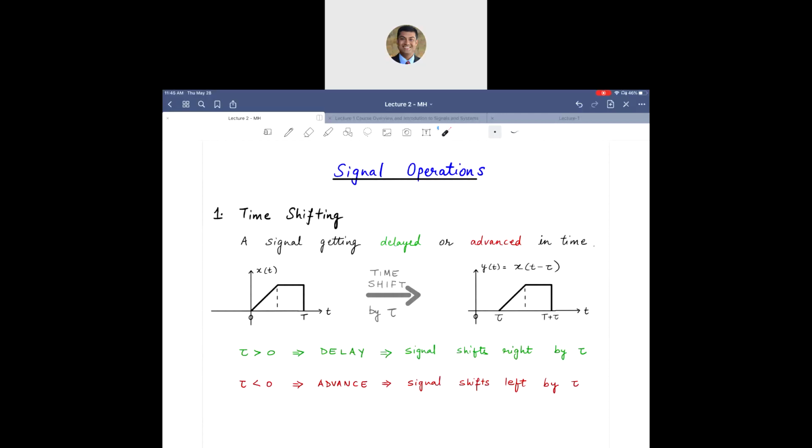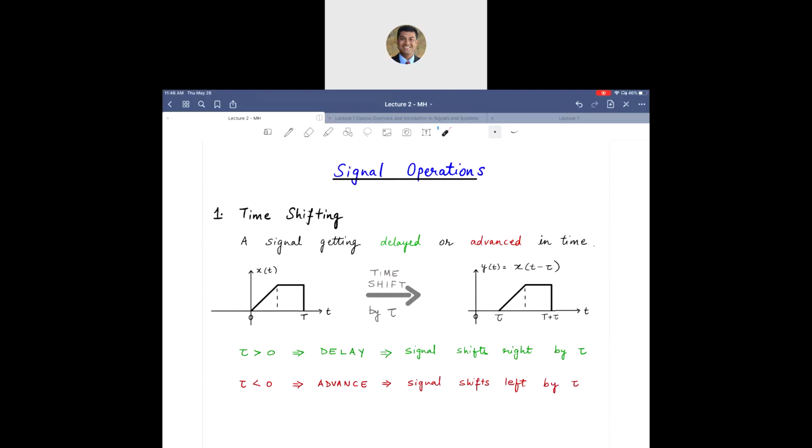The first signal operation that we are going to talk about is time shifting. A signal x of t can be delayed or be advanced in time. Just imagine this x of t signal moving left or right along the x-axis, such as this. Right now, we have assumed that it is moving right by some time tau.